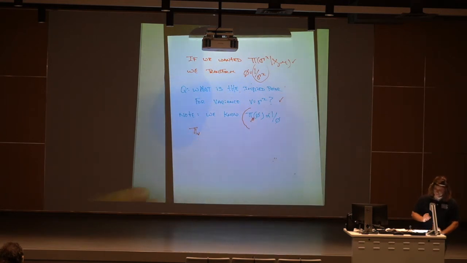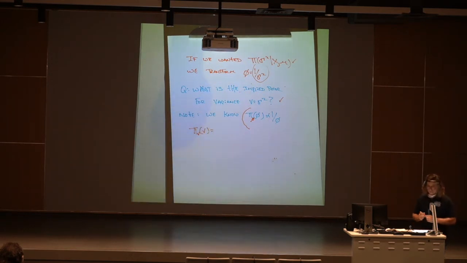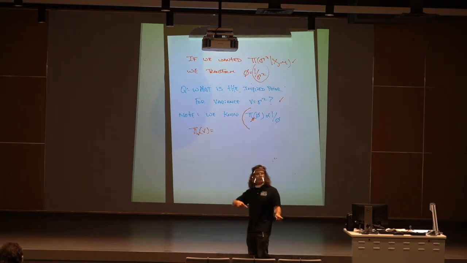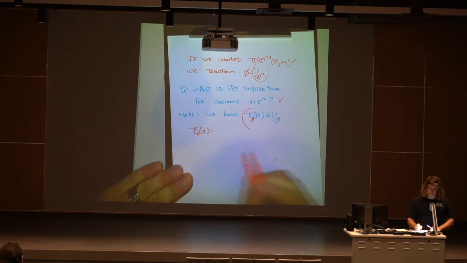I'll put down a v right here, just to denote what that function is. And we want this. So I want the implied prior on the variance. I want to think about it on this other scale that I have some familiarity with. It's pretty easy to do.